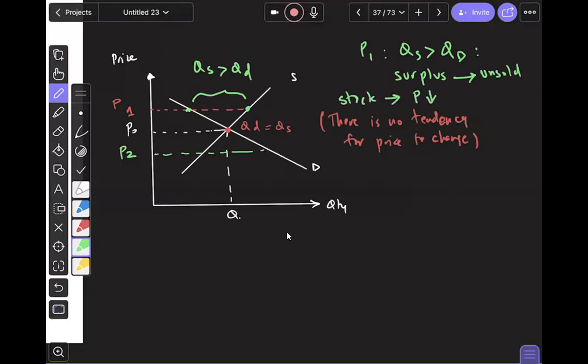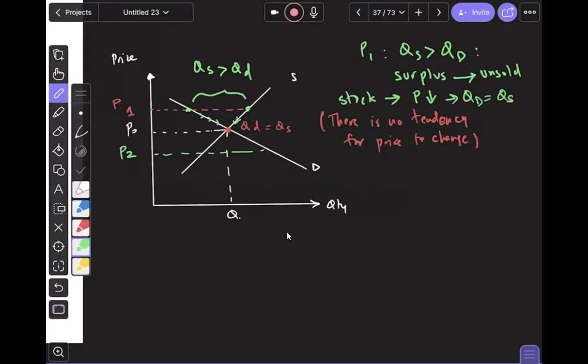Why does he need to lower price? Because at P1 the price is too high, so no one is buying your good and you have unsold stock. You keep on lowering price till QD becomes equal to QS, in other words, until you reach P naught.